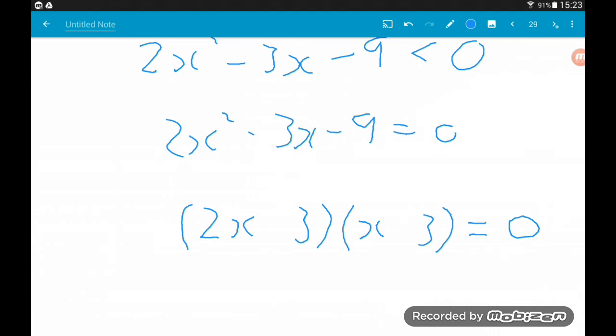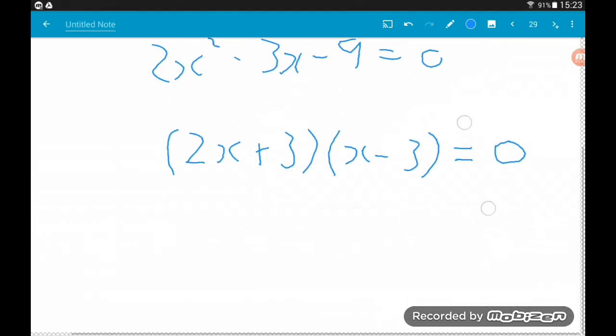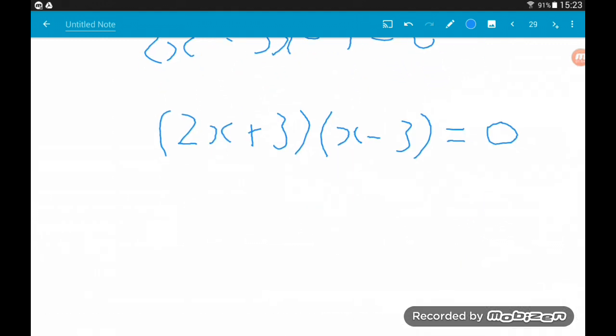So if we had 2x plus 3, that would give us 3x. And if we had x minus 3, minus 3 times 2x would give us minus 6x. So 3x minus 6x would give us that minus 3x in the middle that we need. So that is how it factorizes.